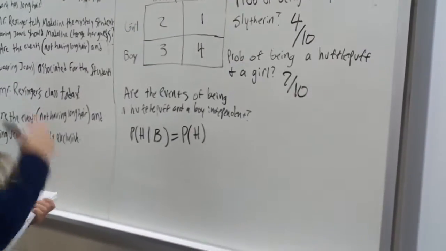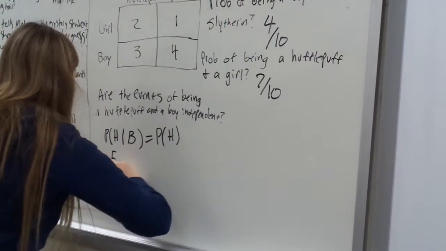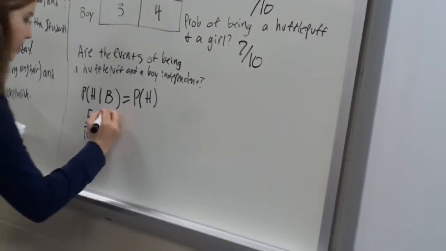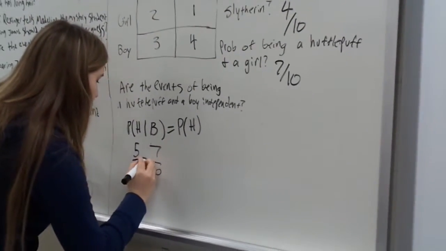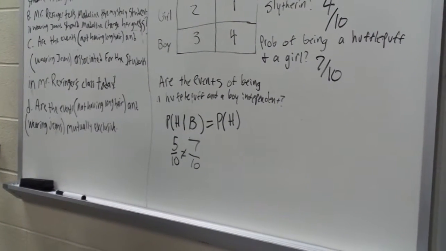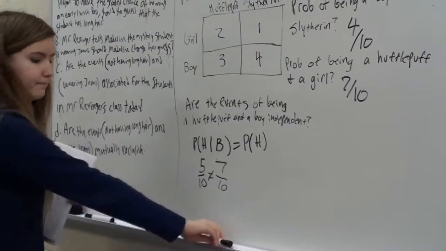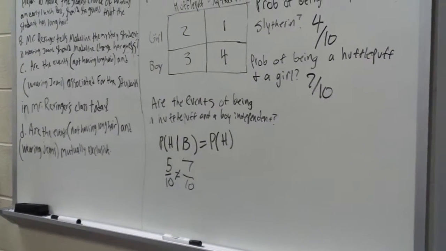So the probability of being a Hufflepuff is 5 out of 10, and the probability of being a boy is 7 out of 10, and those two are not equal. So the events of being a Hufflepuff and being a boy are dependent.